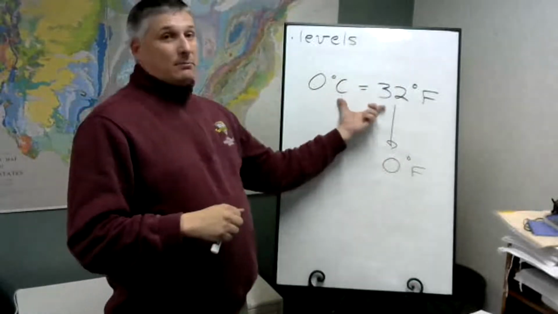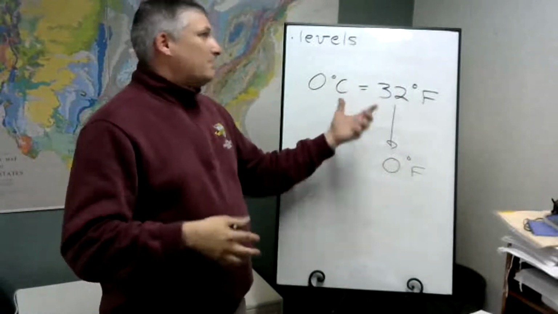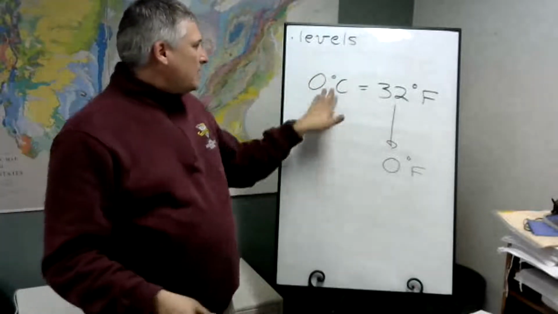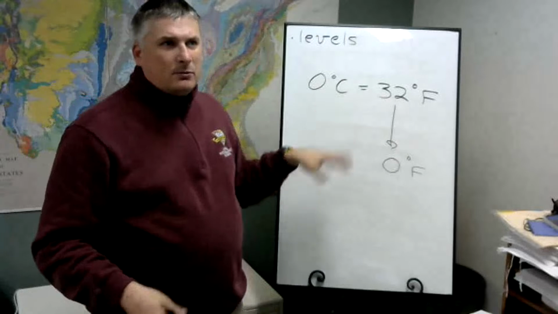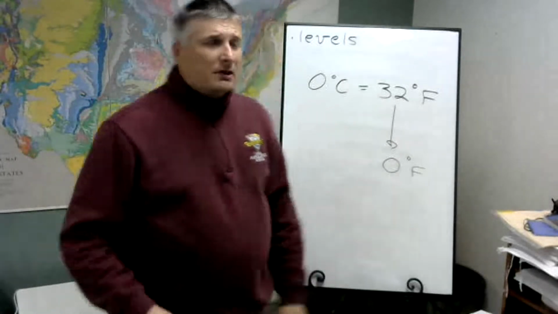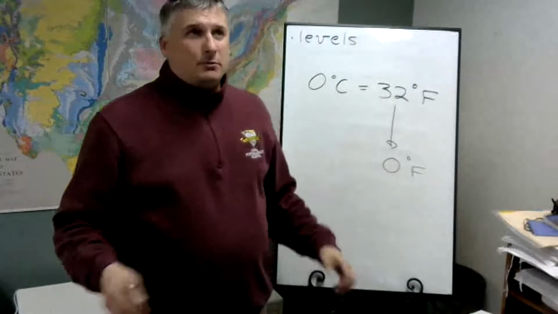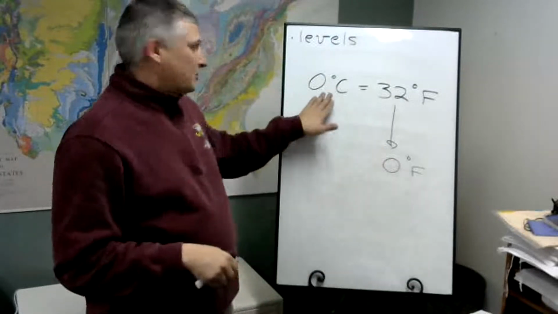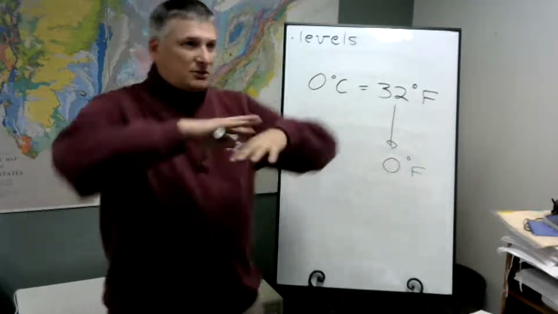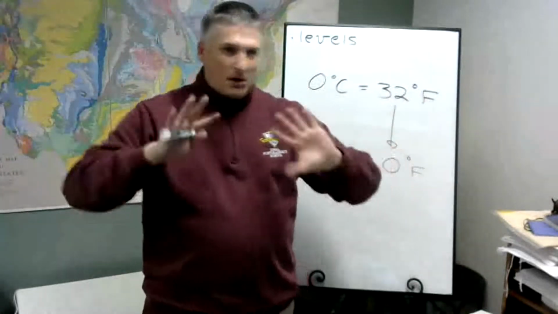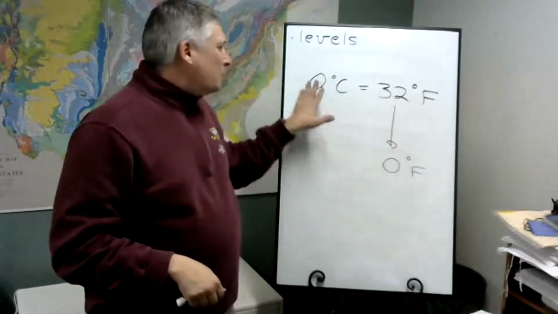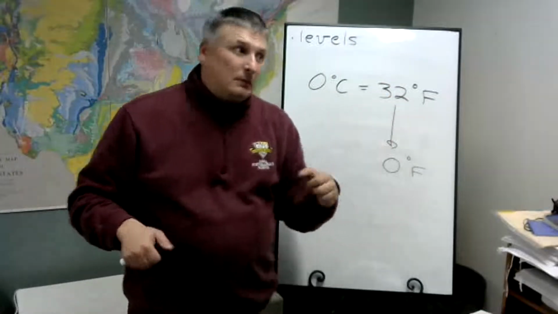So the energy available to make the molecules vibrate and bounce off of you is going to be the same, but we label the same condition two different ways. If we think in terms of Celsius, we label this condition 0 degrees Celsius. That very same condition, the energy, the molecules, all of it's still the same. We could also label it 32. So which one's right?